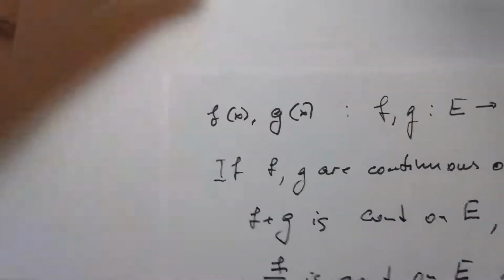So let me start with a new page here. I still cannot get used to the way this thing writes. So I'm taking a function f from x to y, and the function g from y to z.